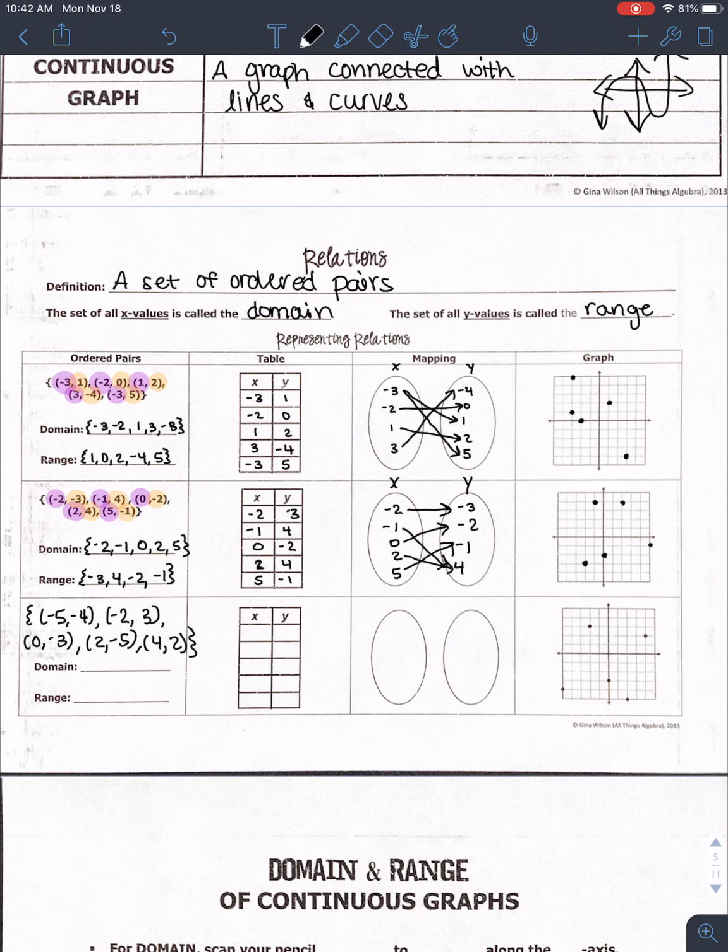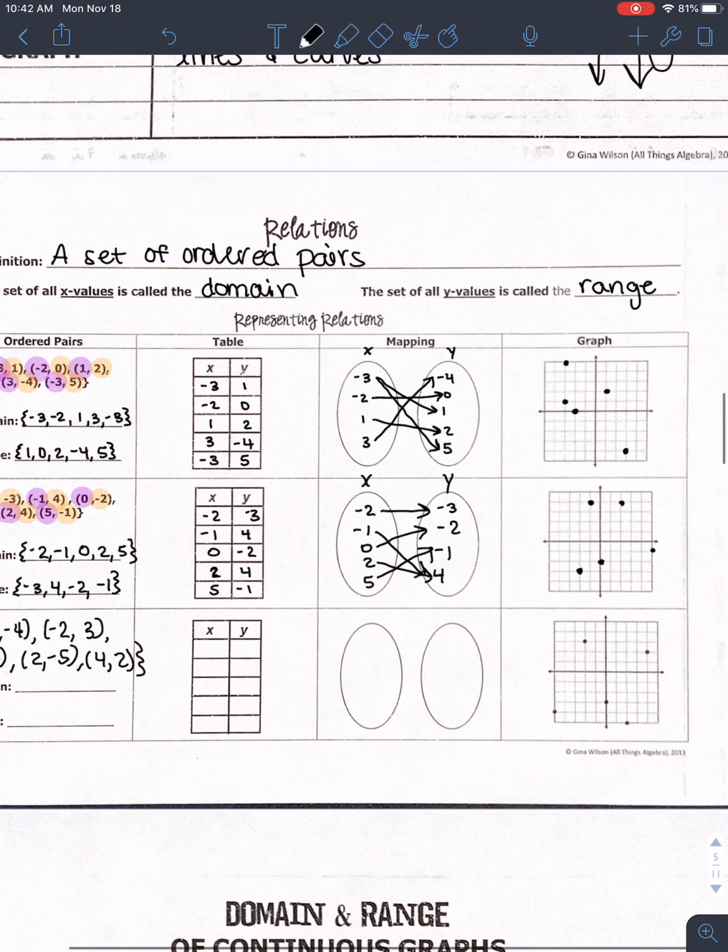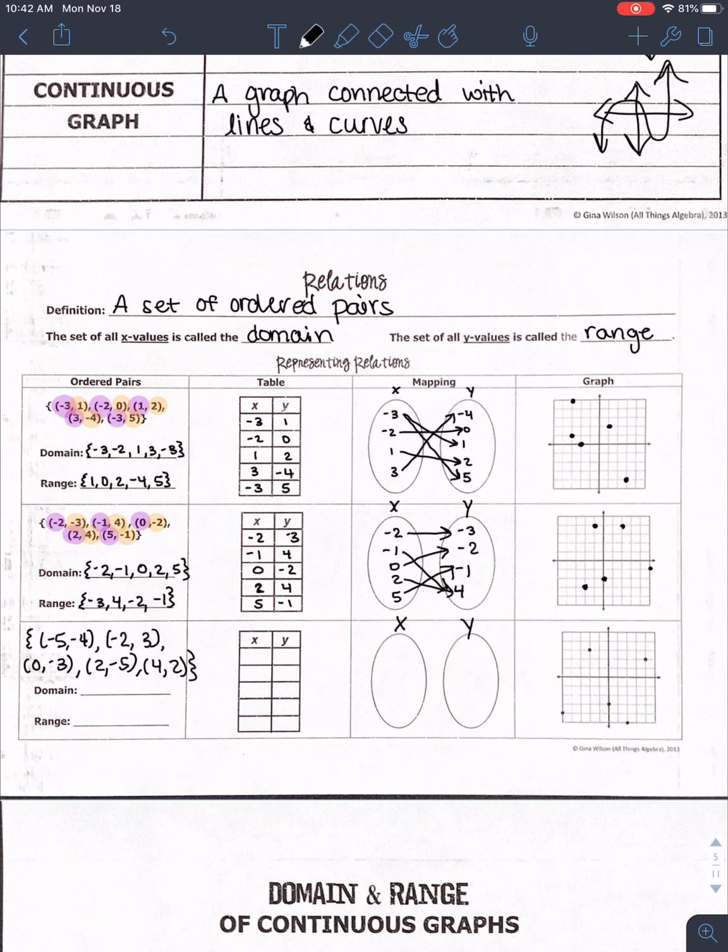And I want you to write the domain and range, put it in a table, draw a mapping. If it helps, draw X and Y. But it gave you the graph this time, so you don't have to graph them. So, before you move on to your IXL, you need to check with me.